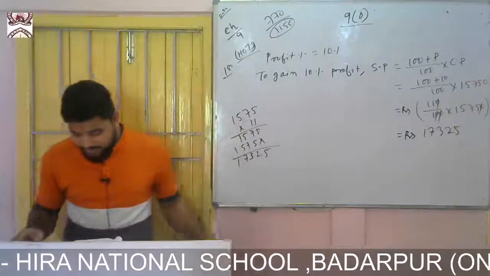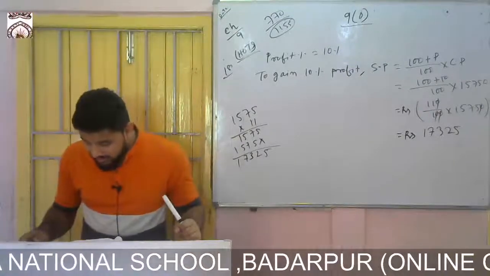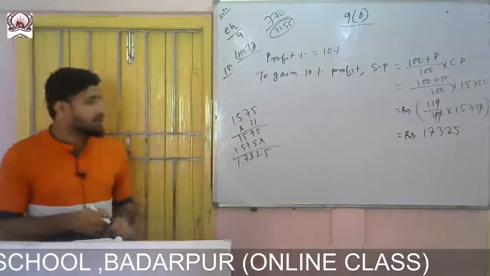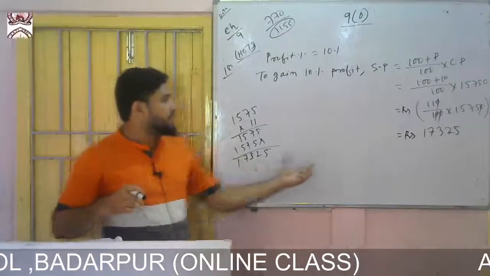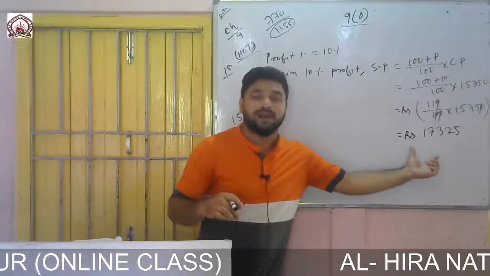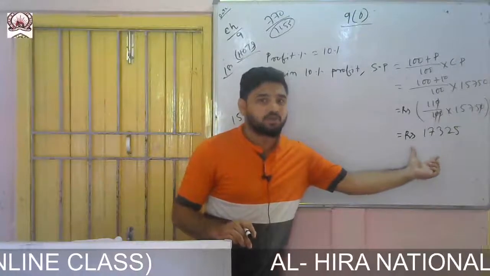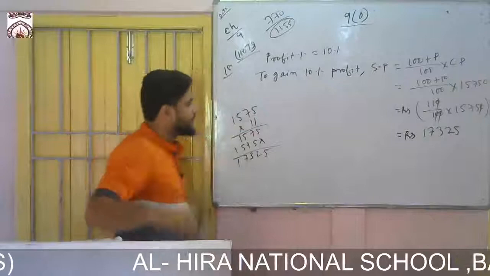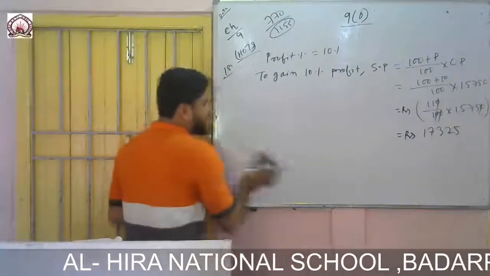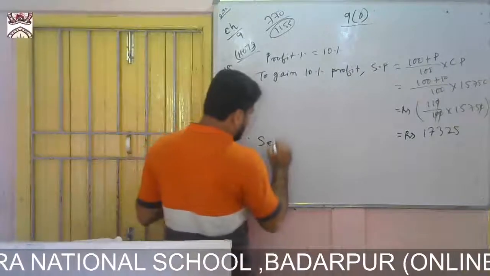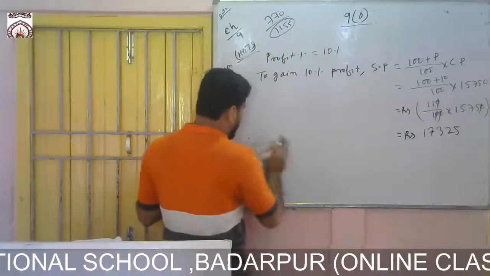Now the question asks: if you want a profit, what should be the selling price of each tool? We got 125 tools. Now we need to find the selling price for each tool, so we divide this by 125.